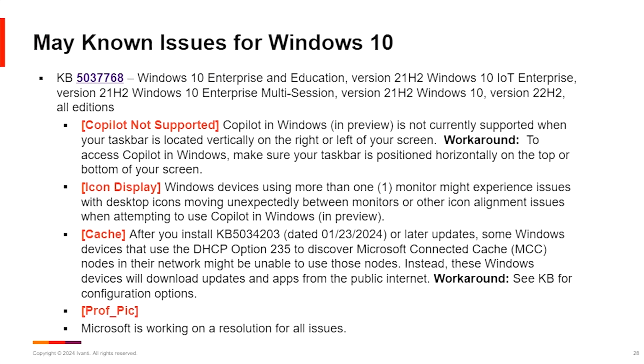We've seen a couple of these known issues being carried forward for several months now. We know about Copilot, an issue with being supported on these older versions of Windows 10, in particular the way it shows up on the right-hand or left-hand side of your screen. Being able to move your taskbar around horizontally is another issue. Icon displays, we've seen that one now for a couple of months as well.